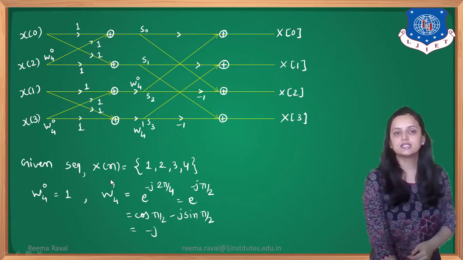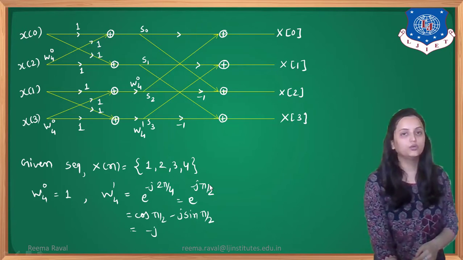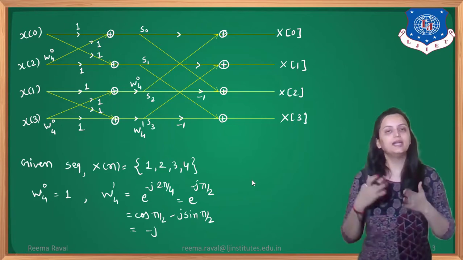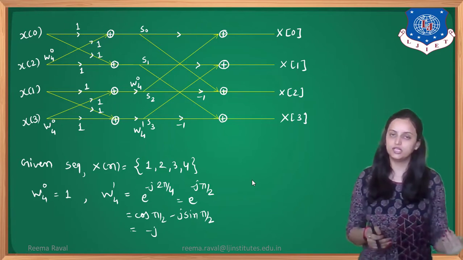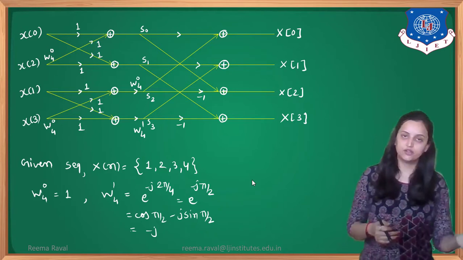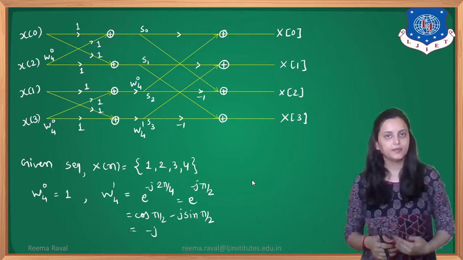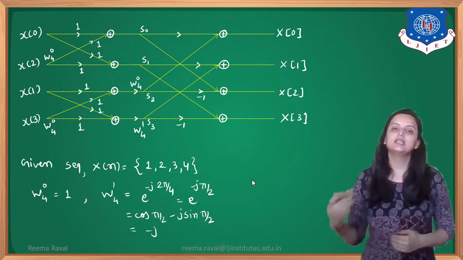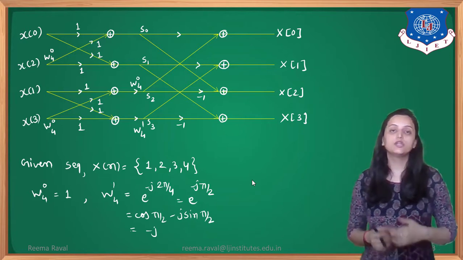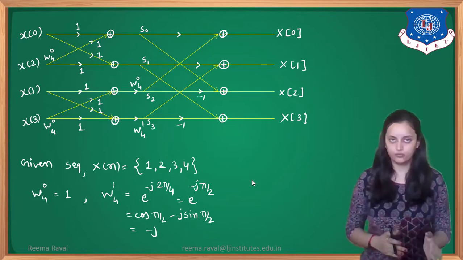Then the given sequence is x of n equals 1, 2, 3, 4. First of all we need to calculate the twiddle factors, and then we will obtain the output of these 2 stages. That means the output of stage 1 we will take as S of 0 to S of 3. Then the last will be x of 0 to x of 3. So W4 0 equals e raised to 0, that is equal to 1.